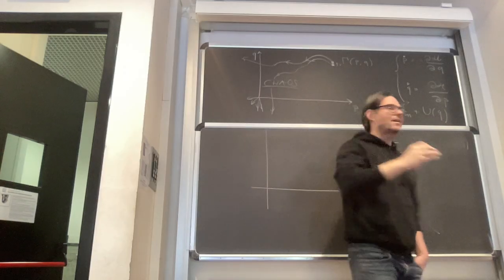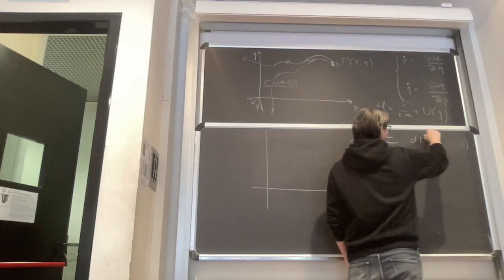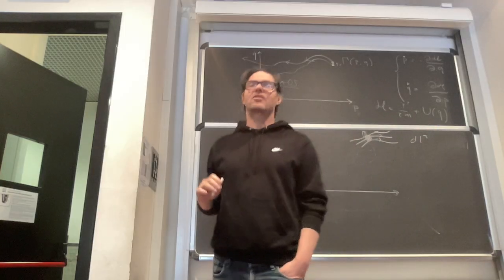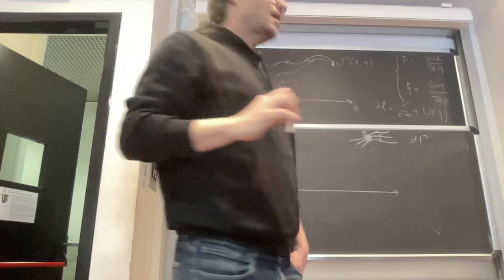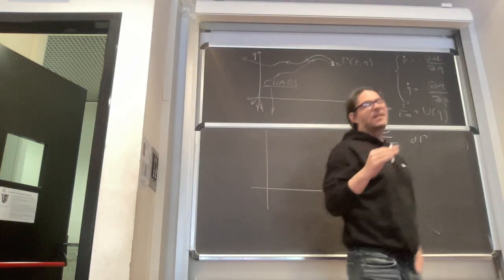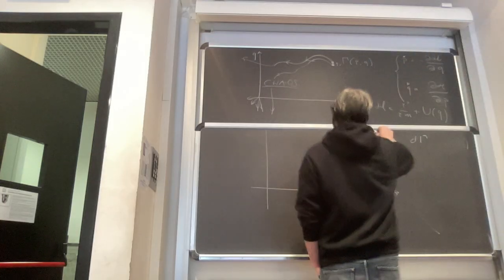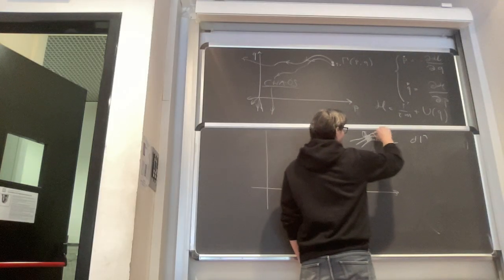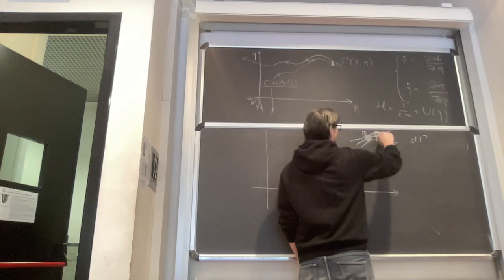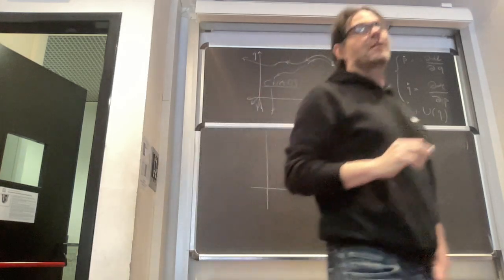They will displace. So if I count all the states that are here, d gamma, which is the elementary volume in phase space, and for each point in this volume I look at where these points are at a later time, they will form another small volume somewhere else in phase space.